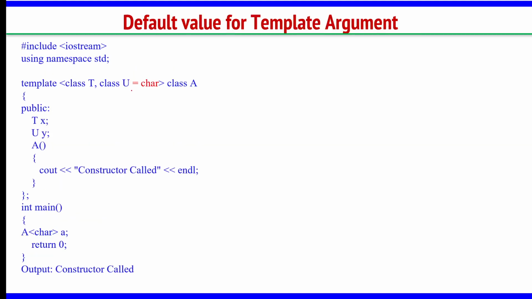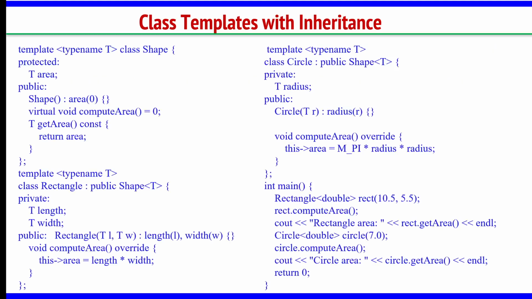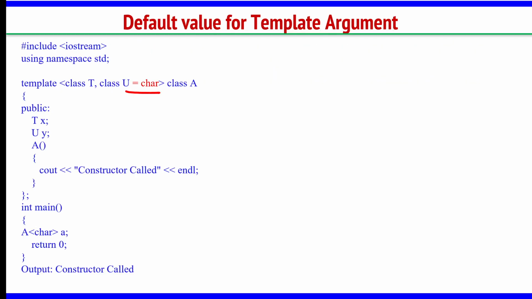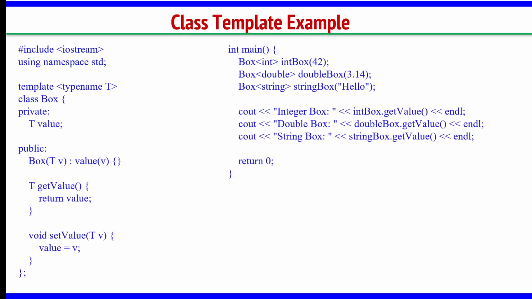Also, you can give a default value for one of the arguments, and you can even implement class templates with inheritance. The same type T will be continued everywhere, and this is the main function which we are calling. So, this is about class templates in C++. So, there are templates of two types, function templates and class templates.